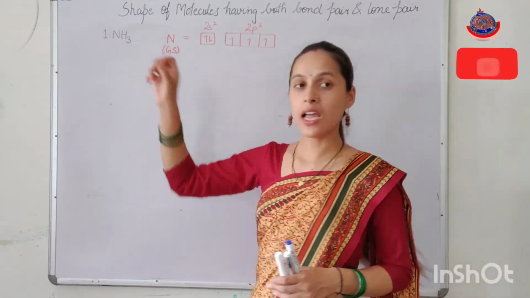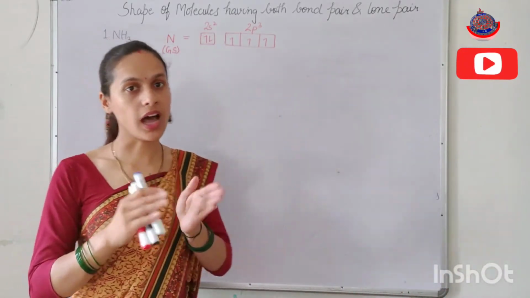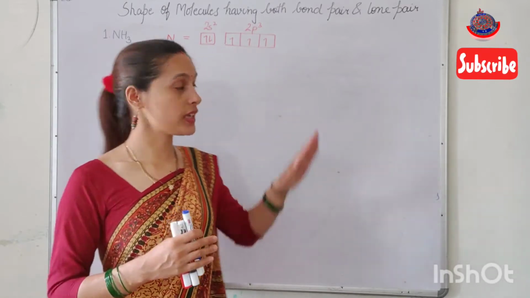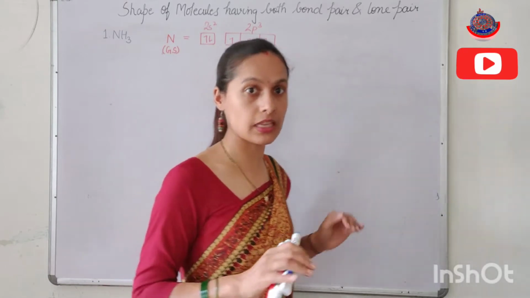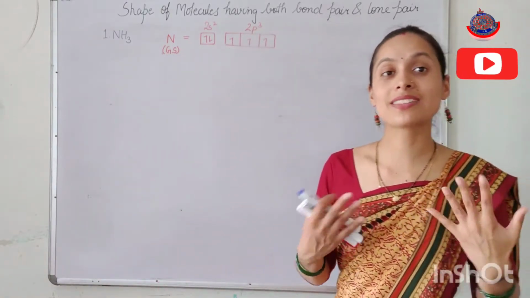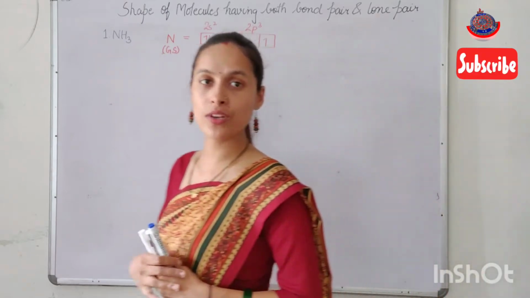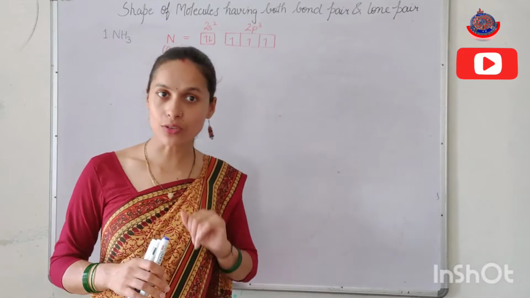Now in ammonia, we want three half-filled orbitals. And we have three half-filled orbitals, which means there is no excitation of electron. It means the excited state is similar to that of the ground state.